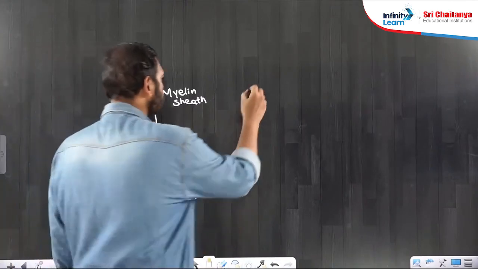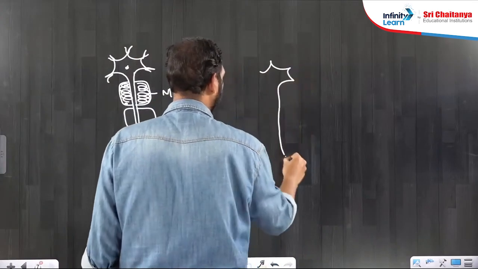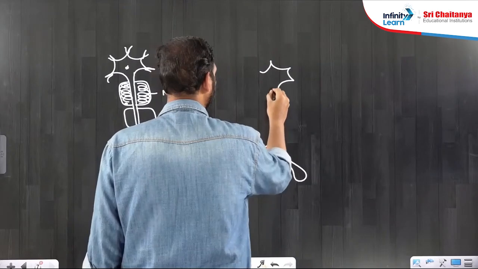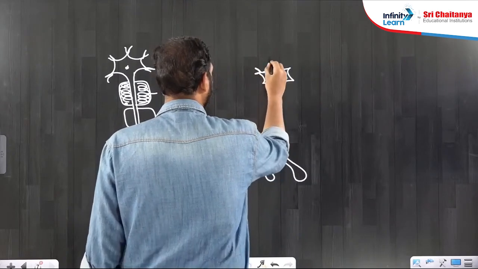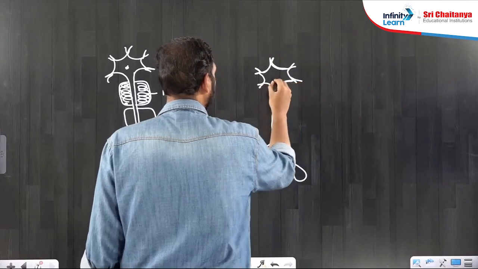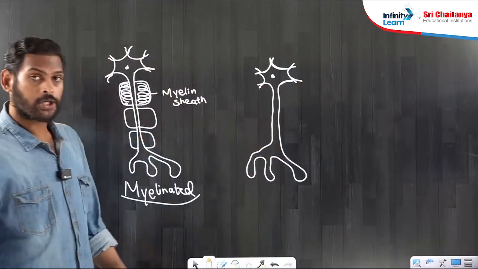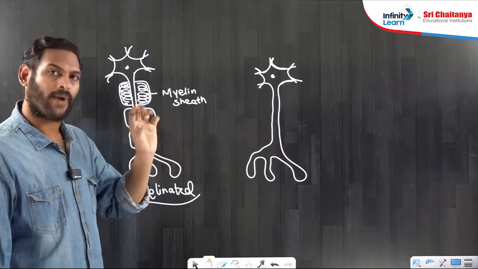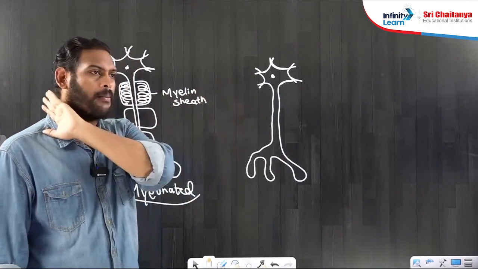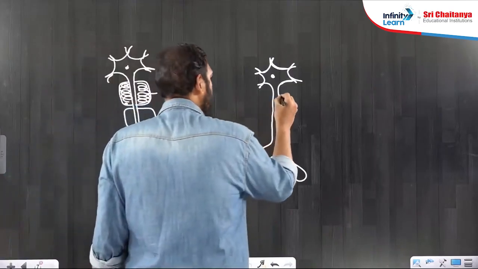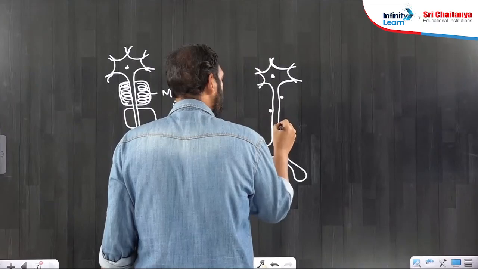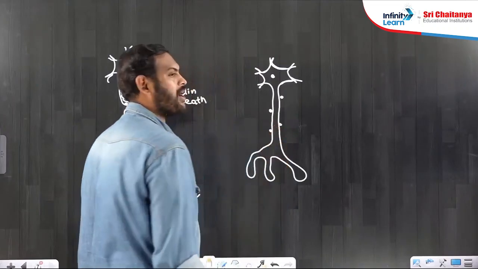There are some neurons which may befriend Schwann cells, but these Schwann cells did not form myelin sheath. They may have Schwann cells here, but these Schwann cells did not help in formation of myelin sheath.